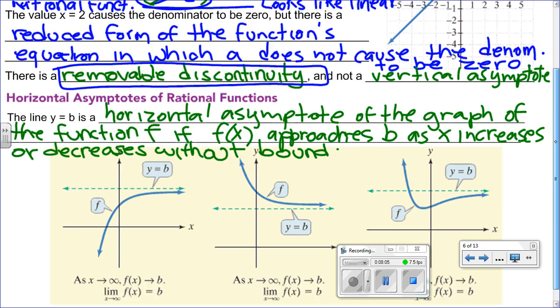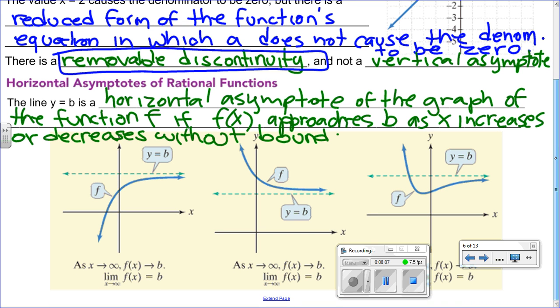The last thing on this slide will be the horizontal asymptotes of a rational function, which will be horizontal lines, and that is why we have the y equals b equation, because those will form a horizontal line. Whatever the number is, we're generalizing it with the letter b, but that will be a numerical value, and that will be where the horizontal asymptote happens. In this case, this horizontal asymptote was crossed. That's okay. The first two were not crossed. So horizontal asymptotes may or may not be crossed.